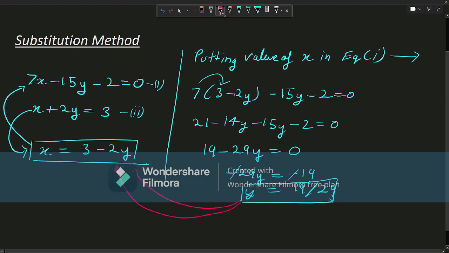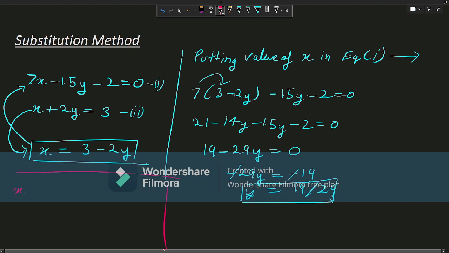This is where you're going to get your final answer. Once you have got the value of y, just write putting the value of y in x. I'm not writing it here, but you need to write it.